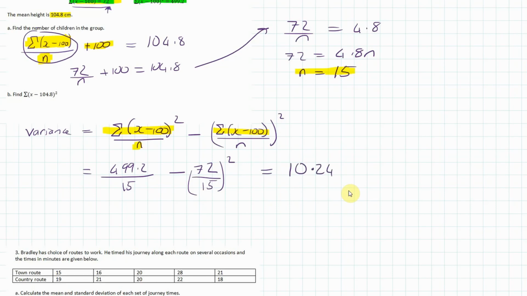Now, the spread of data that has just been moved is going to be the same. What I mean by just been moved is, if you look at this here, what we're doing to each piece of data is we're subtracting 104.8. So imagine you have some data like this, right? They're all 2 squares apart.